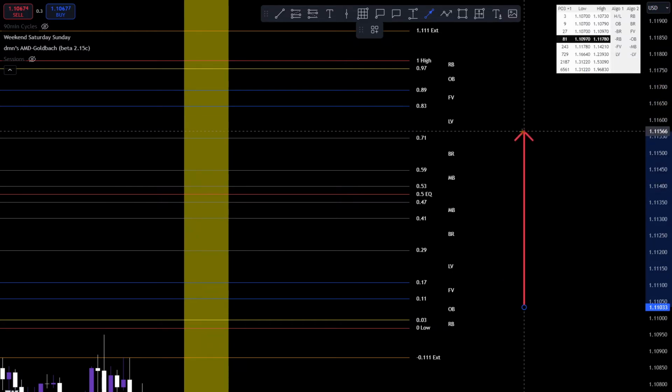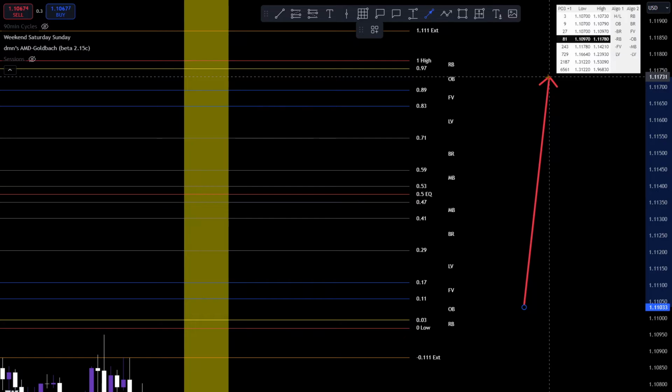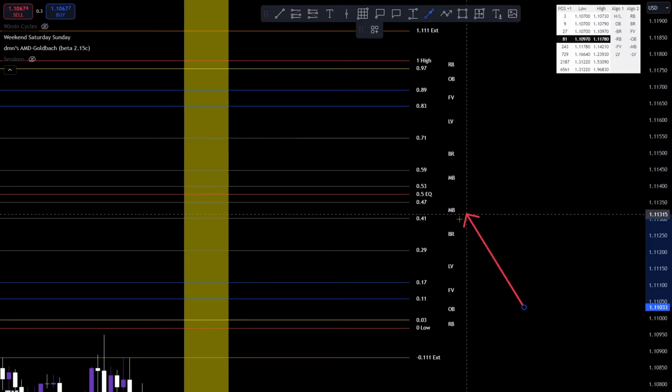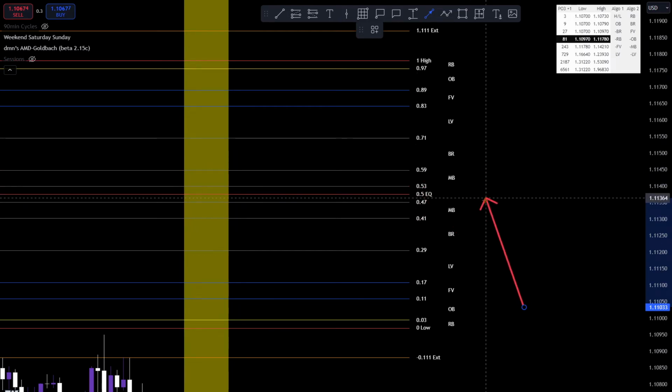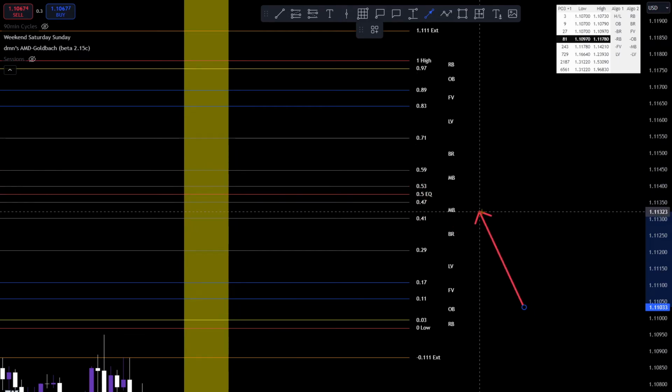What I'm basically telling you is that dealing ranges are fractal. Obviously, everything in the marketplace is fractal. The candles themselves are fractal. The concepts we use to trade are fractal. Goldbach levels are fractal. Structure that we use to trade is fractal, whatever.